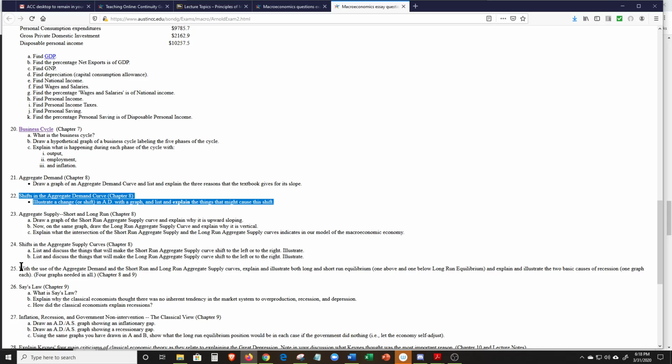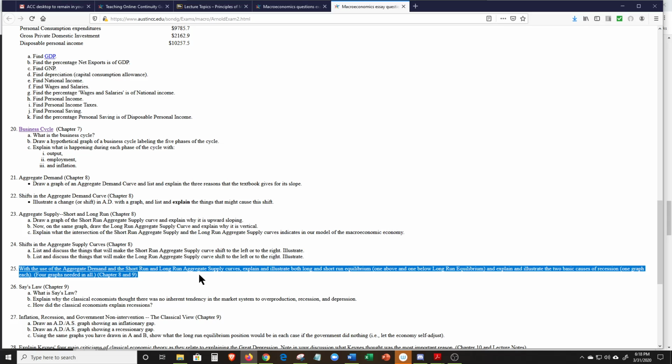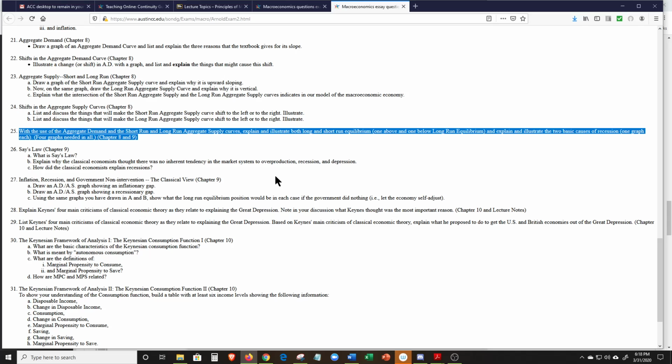And in general, in 25, we're going to put them together to explain and illustrate both long-run and short-run equilibrium, and explain and illustrate two basic causes of recessions. So we'll put them together at that point. Then we're going to apply the theory to two different viewpoints.